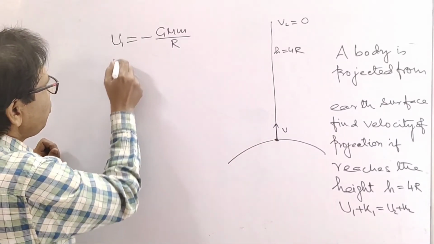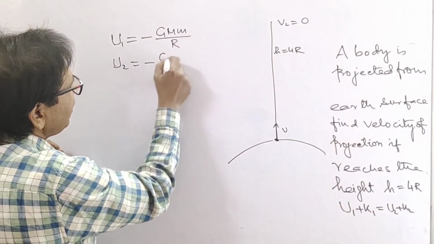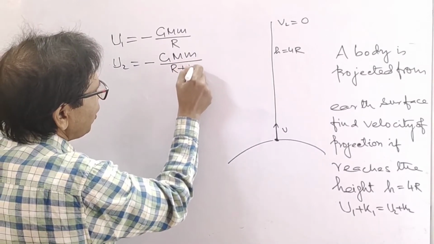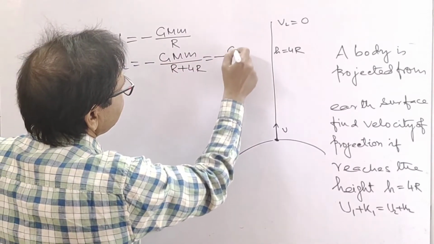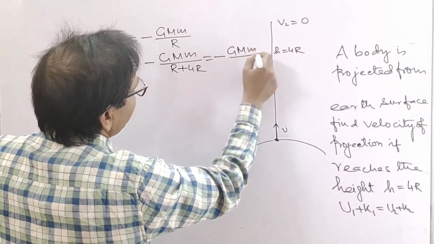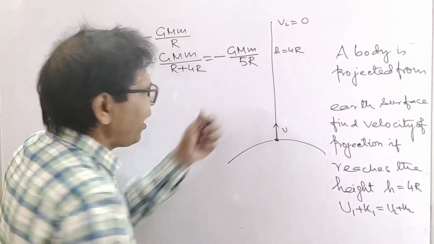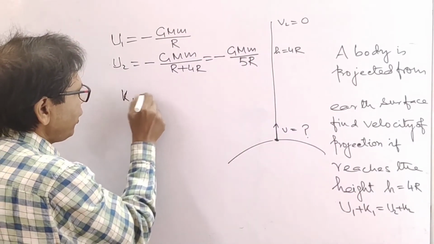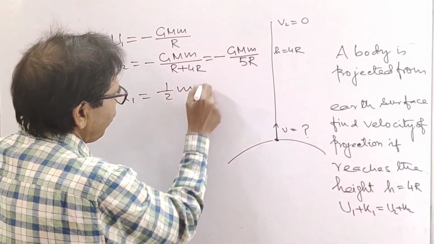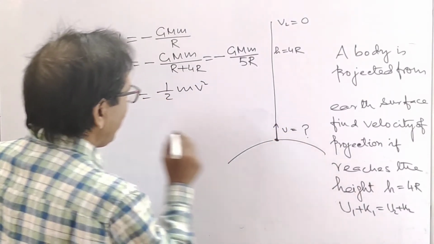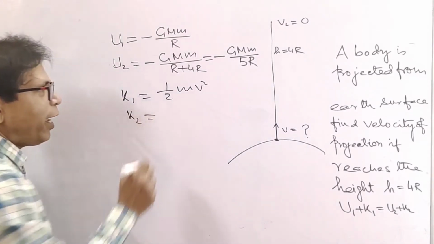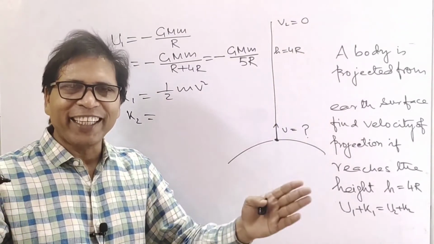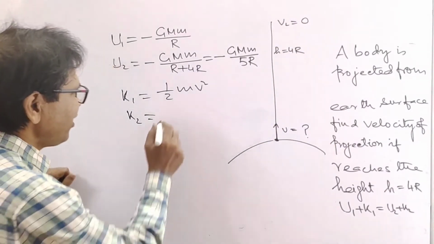So U2 becomes minus G capital M small m divided by R plus 4R, so this is minus GMm by 5R. Okay, understood? Now what is the kinetic energy? Kinetic energy K1 is half mv square. v is to be obtained. Now what is the final kinetic energy? As this is the maximum height, v2 is 0, therefore kinetic energy K2 is also 0.